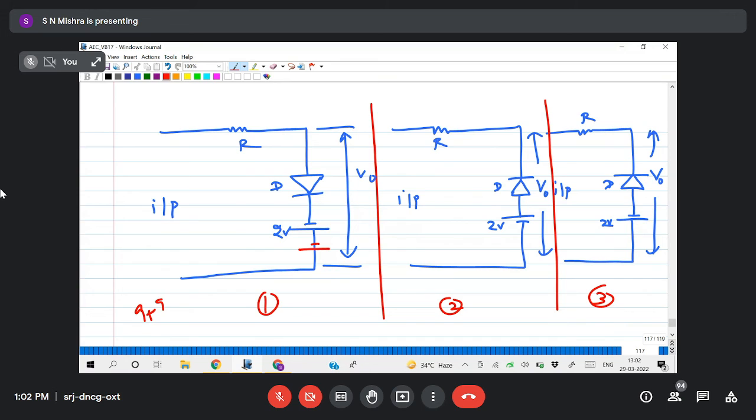I can apply one more voltage of 1 volt here, like this. If 2 voltages are connected, what is the effective voltage? Can you say? Two voltages are in series. So what is the net voltage?